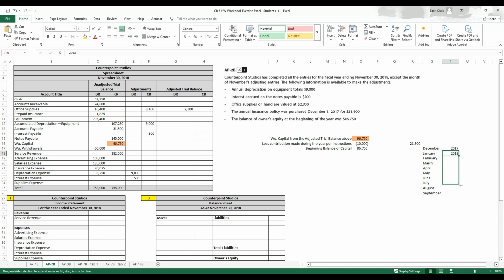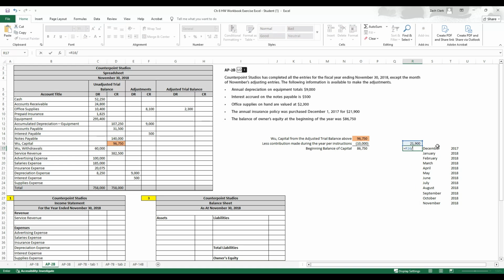And now we are at the end of the month here on November. So these are all the months that have passed. Okay, so November will be our last month. So essentially what we're saying is this, that we purchased, our prepaid insurance started on December 2017. And so this is 12 months later, essentially.